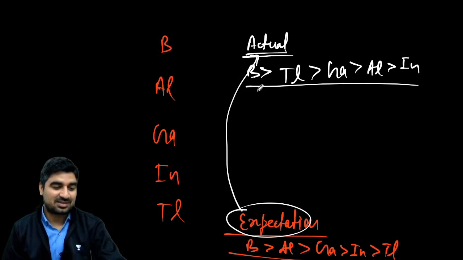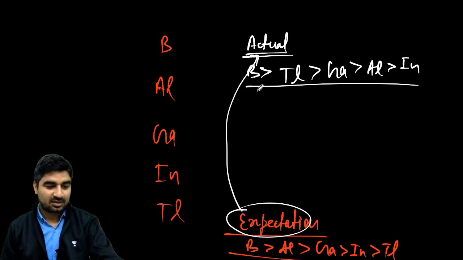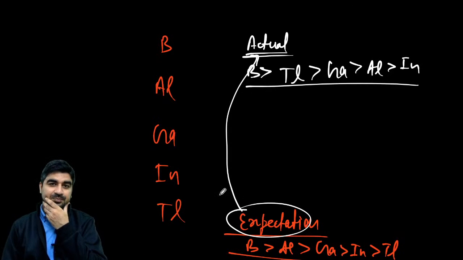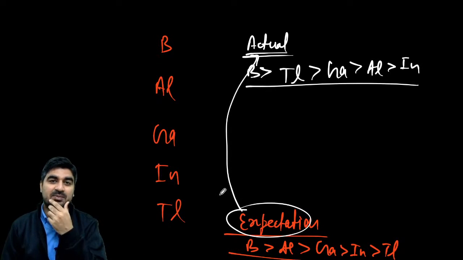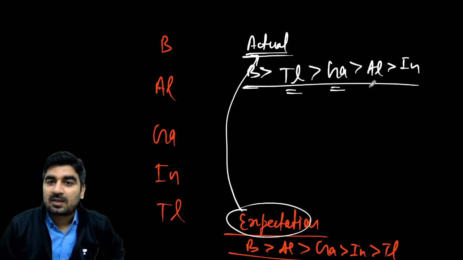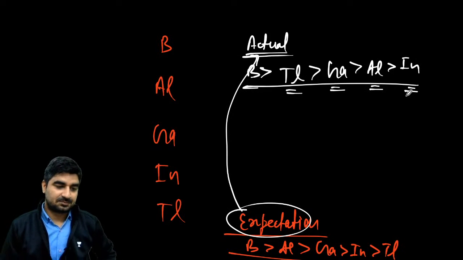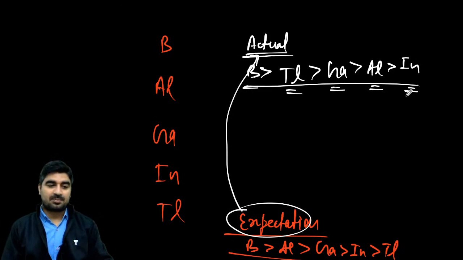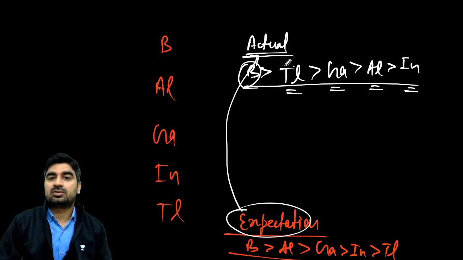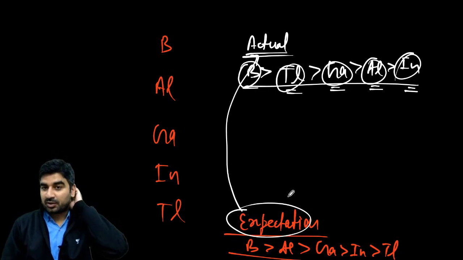You might have seen this in movies, right? So why is this so? Is there anyone who can explain the reason behind it? Why is this happening: boron, thallium, gallium, aluminium, indium? Why at all?